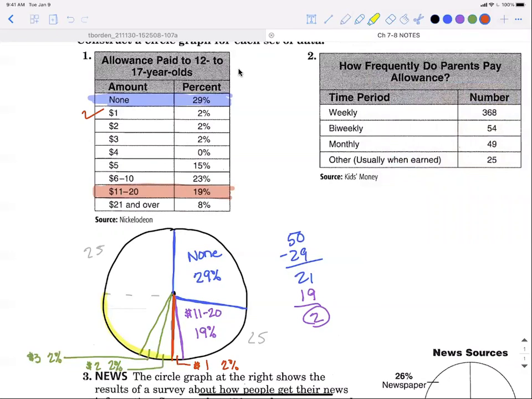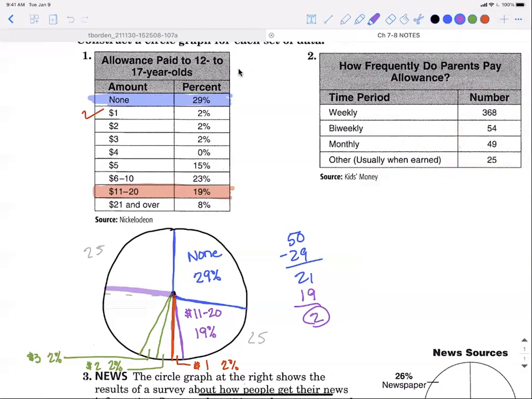Do I have something close to 21? Yeah, I've got 23. So I'm going to go ahead and draw my line. And I know that up to the 25 mark is 21%. So I'm just going to go a little past that to give me my 15. Or I'm sorry, my 23.